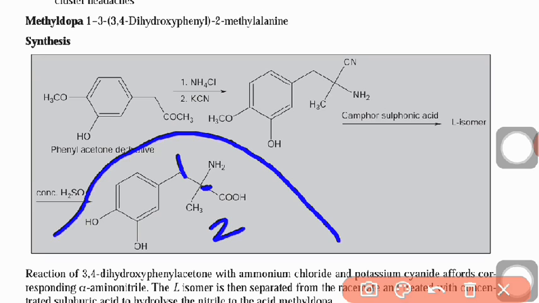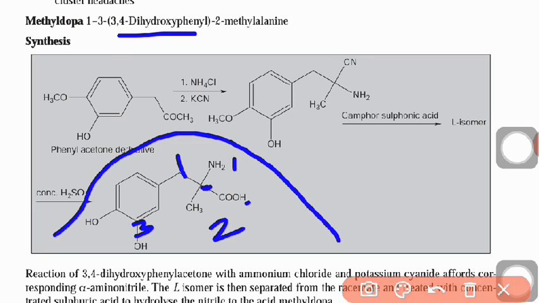So what is alanine? It is an amino acid, NH2 group, COOH group is there. At the first position we have the substitution 3,4 dihydroxyphenyl.